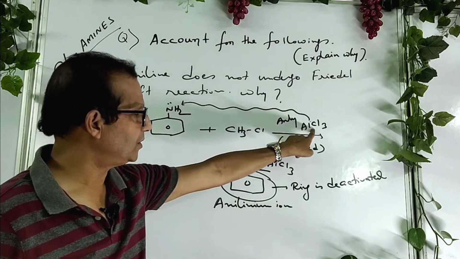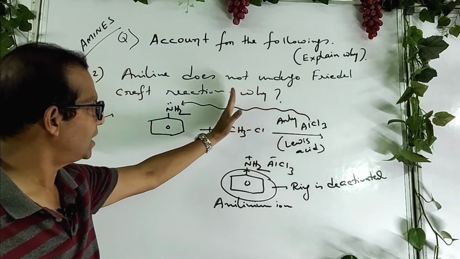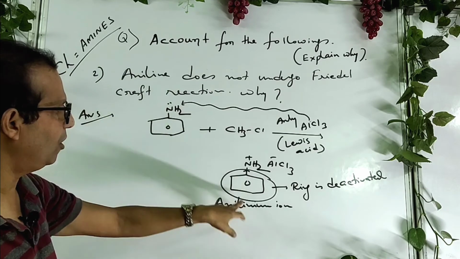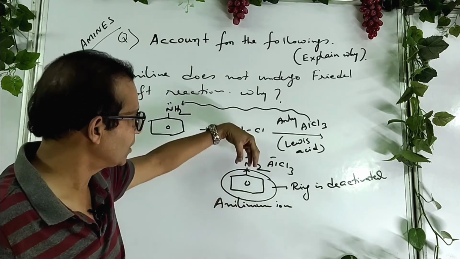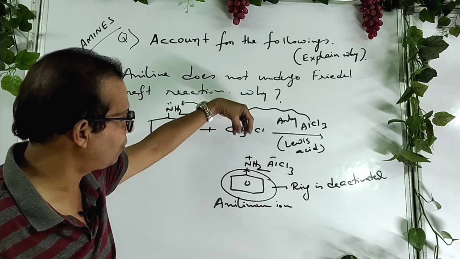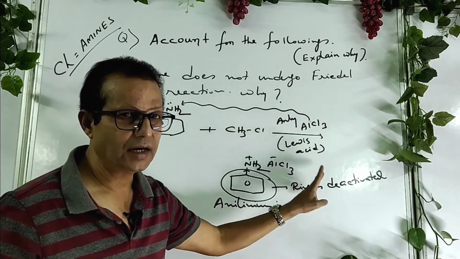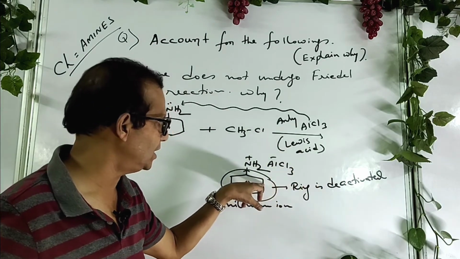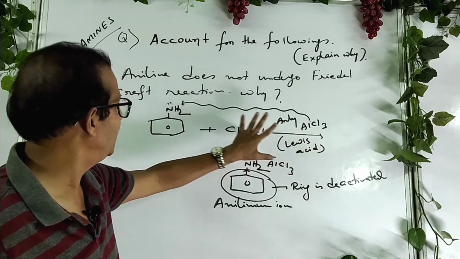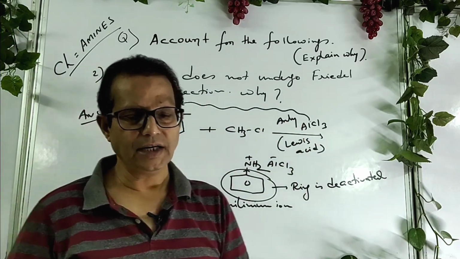As aluminium trichloride is Lewis acid in nature, it gets attached to the lone pair of nitrogen to form anilinium ion. As anilinium ion attracts electrons from benzene, the ring is deactivated, that is, the reactivity of benzene ring decreases. That's why aniline does not undergo Friedel-Crafts reaction. Okay. Now the next question.